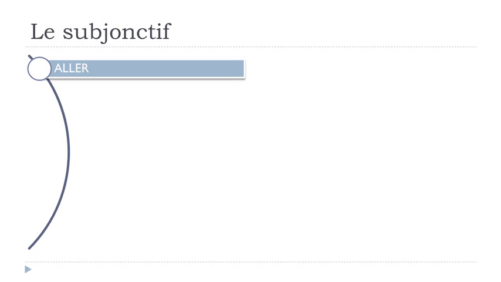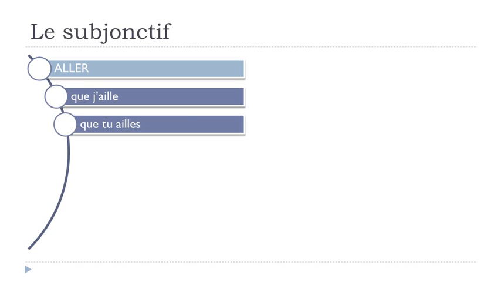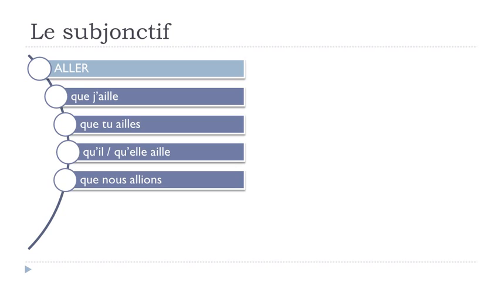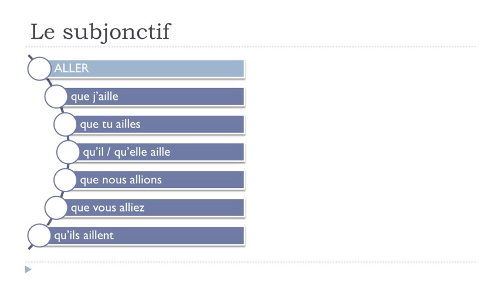Of course, we've got some more tricky verbs, and aller is usually one of them. Aller means to go. Have a look. Que j'aille, que tu ailles, qu'il aille, qu'elle aille, que nous allions, que vous alliez, qu'ils aillent, qu'elles aillent. Listen to me: aille.